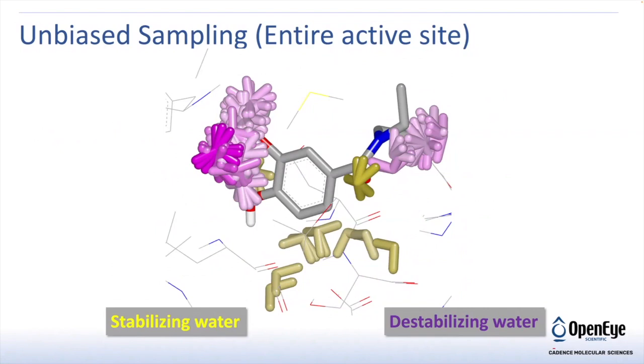And from here, we can then take the stabilizing hydrophilic waters and the destabilizing places where the waters don't want to be. And if we overlay that with a co-crystallized ligand that wasn't there for the calculation of these individual positions, we can see that the ligand does interesting things. So it is hydrophobic where it needs to be hydrophobic.